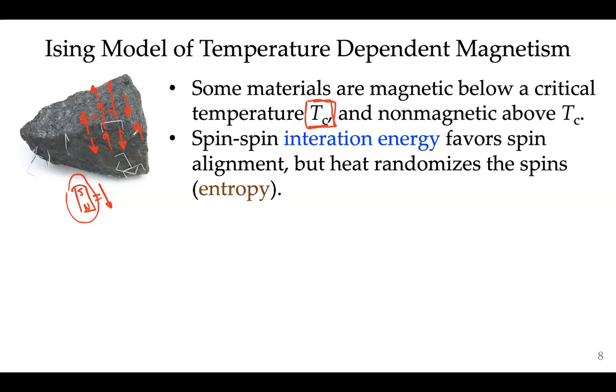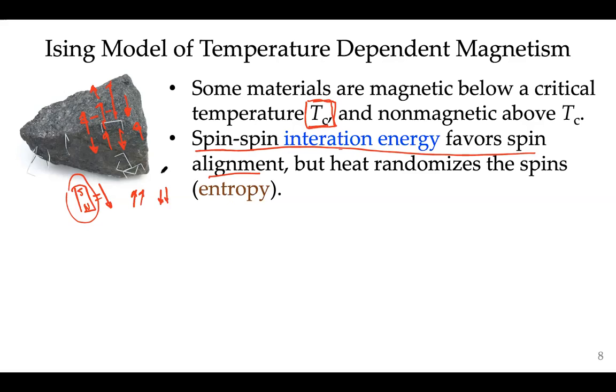Okay, I said neighboring spins interact with each other. The spin-spin interaction energy favors spin alignment. The interaction energy wants all the neighboring spins in the same direction, either up, up, or down, down. That's what the energy wants. You can think of energy as the force also.